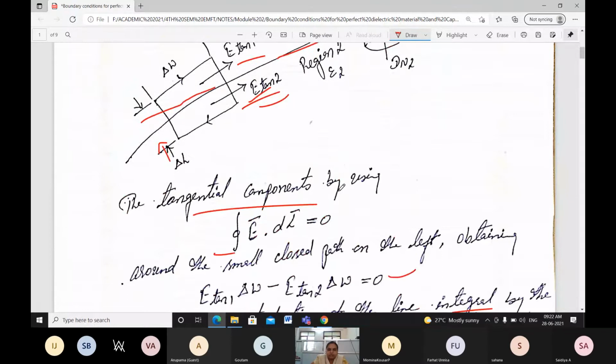For the tangential components, using the closed integration, the closed integral of E dot dl is equal to 0.